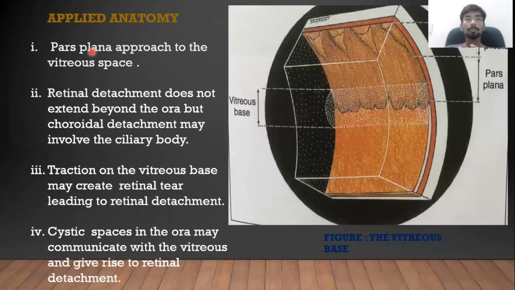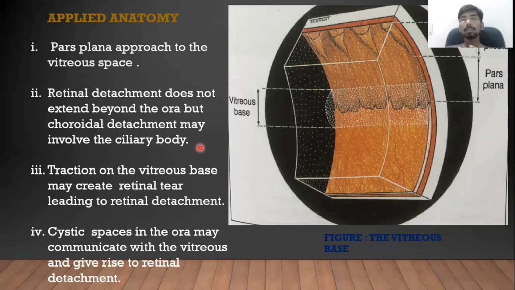Applied anatomy, pars plana approach to the vitreous space. So here retina will end as ora serrata. So if we want to access into the vitreous, we go through pars plana approach, and retinal detachment does not extend beyond the ora, but choroidal detachment involves the ciliary body.